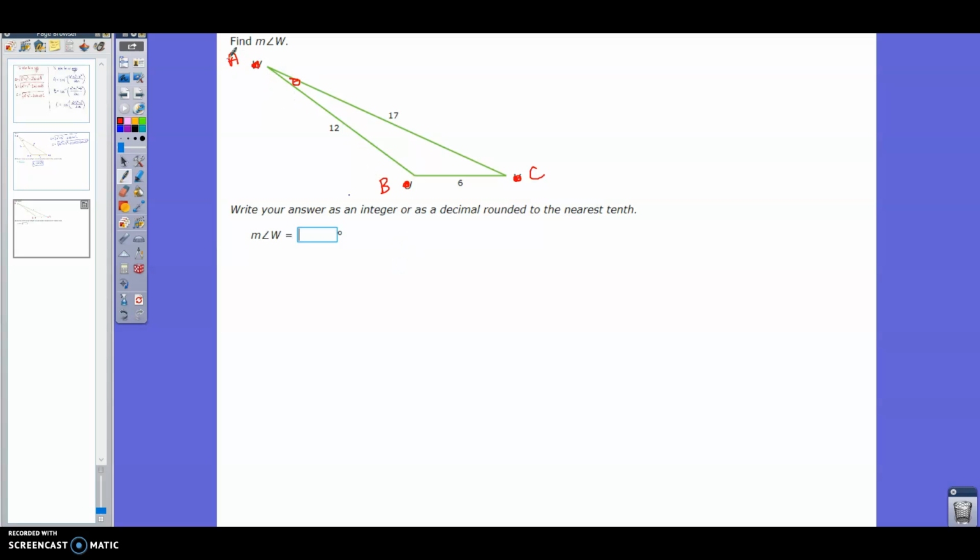So if we label our sides with the new labels, across from angle A is side A, across from B is side B, and across from C is side C. So what we're looking for here is angle A. And here's the formula for it.